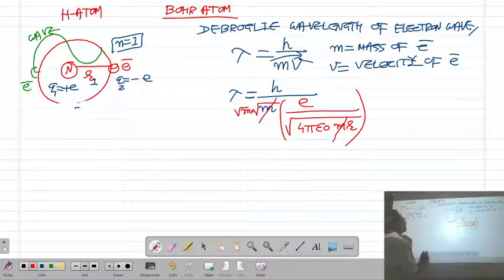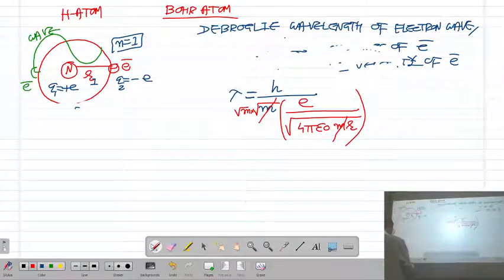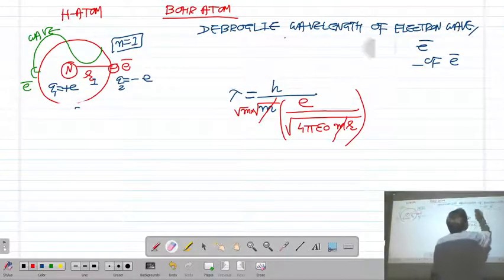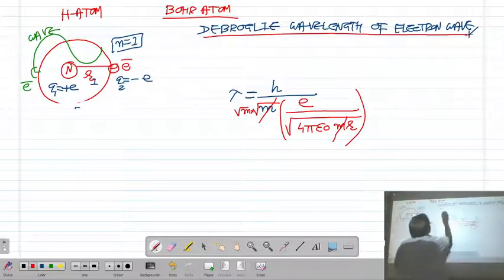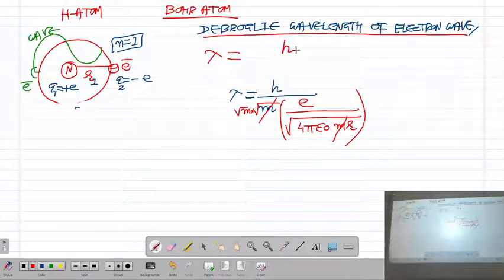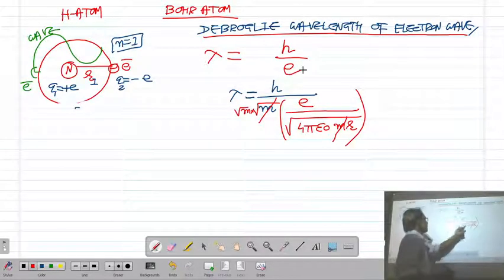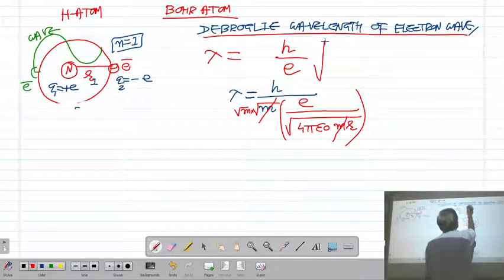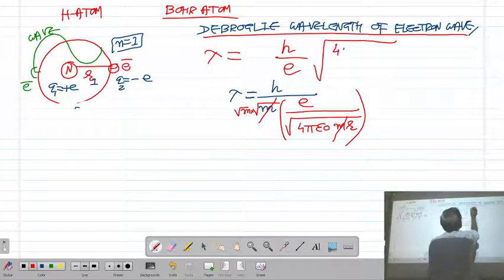So the de Broglie wavelength of the electron wave lambda is equal to h upon e, under root 4 pi epsilon 0 r upon m.